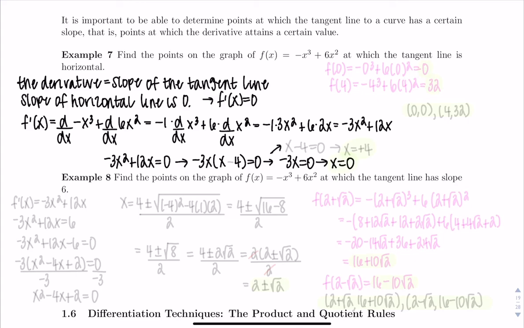And we also get x plus 4 equals 0, or x equals negative 4. I'm so sorry, this should be x minus 4 because we pulled out a negative 3, and so you should have a positive 4.